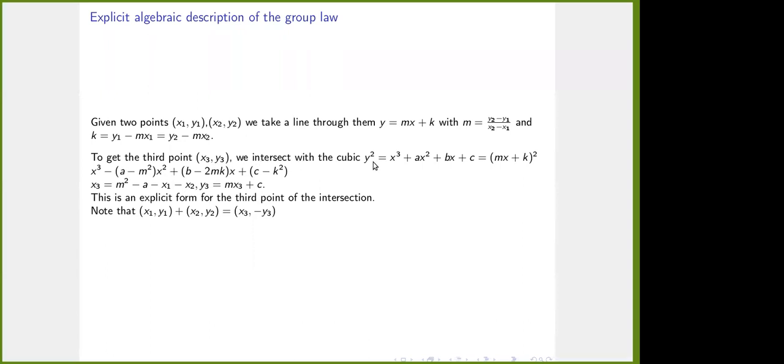To get a third point, we just plug it into the cubic, and you get an explicit formula for the third point of the intersection, x3. Again, we have to be careful in the sense that y3 is not exactly going to be our sum of the two points. You have to reflect it. So this gives you the third point.